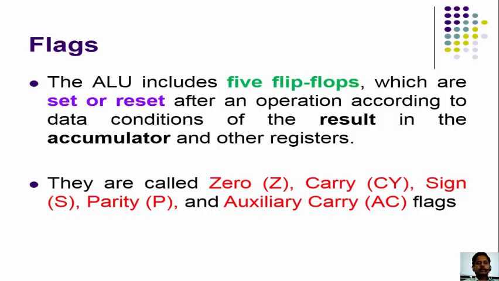So these are the flag bits. Capital Z indicates zero flag bit, CY indicates carry flag bit, capital S indicates sign bit, P indicates parity bit, and AC means auxiliary carry flag bit. So total 5 flag bits are there.